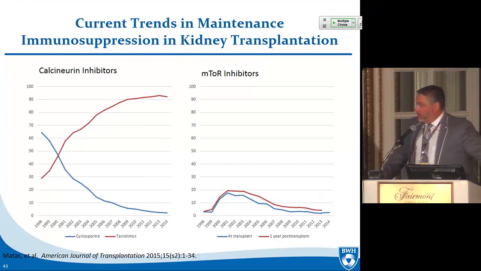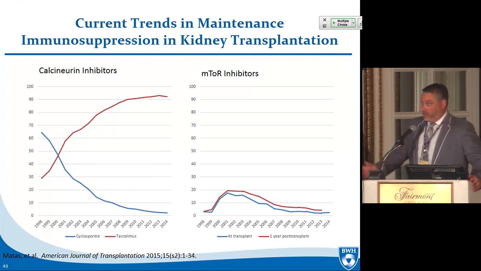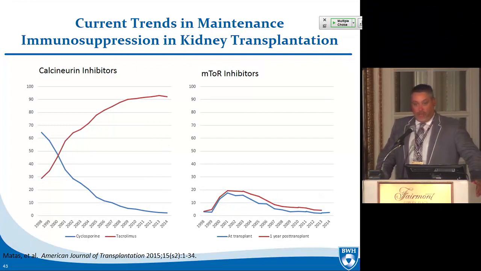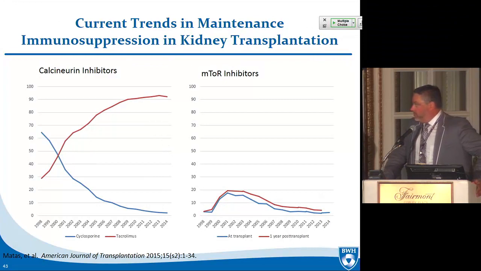When we look at national numbers, most everyone is using tacrolimus. About 90+% of U.S. transplant centers use a TAC-based regimen. I can't imagine why folks decide cyclosporin is a better agent, but there are still some centers using it. mTOR's nationally very little use, about 5 to 10% over the past 10 or 15 years.